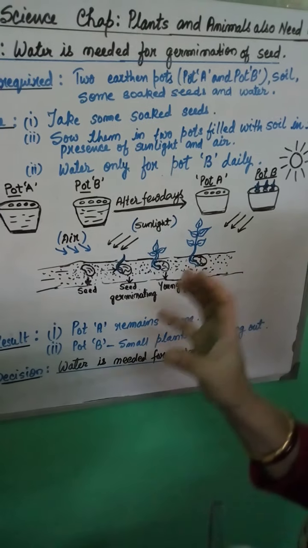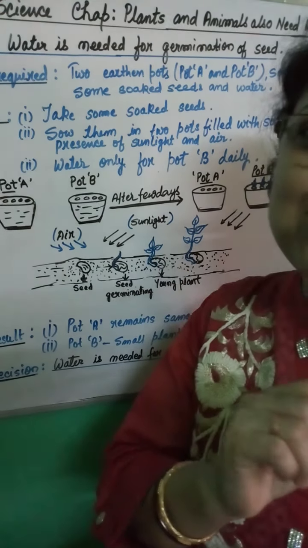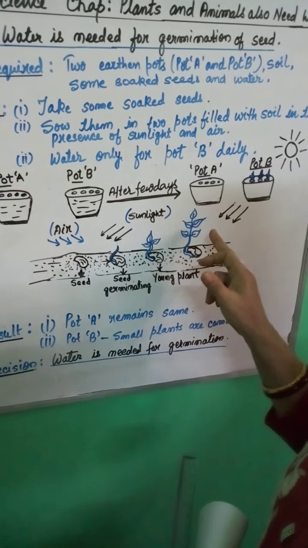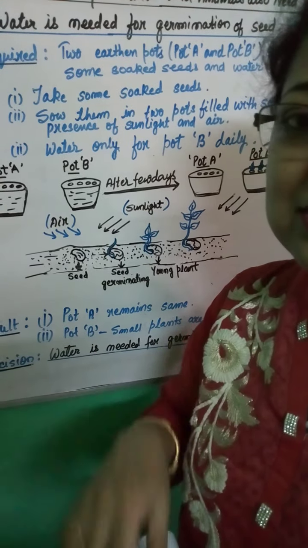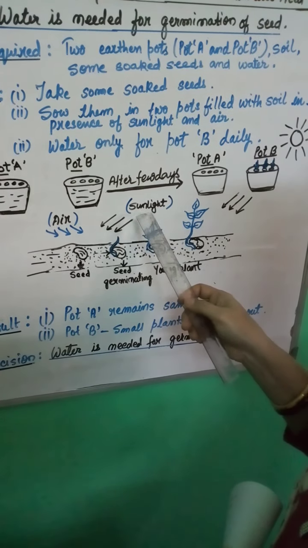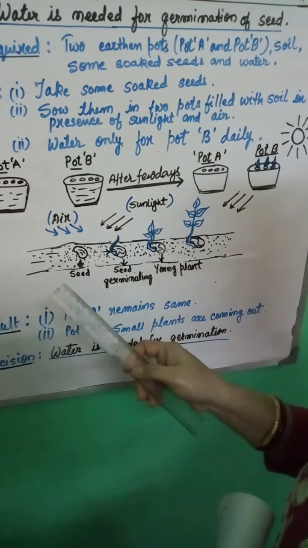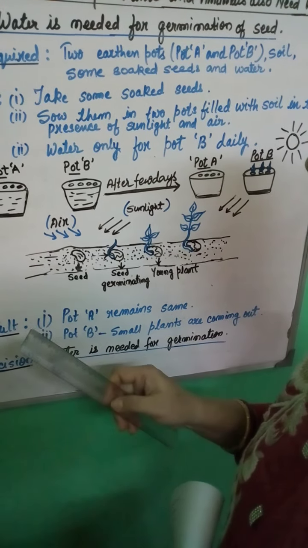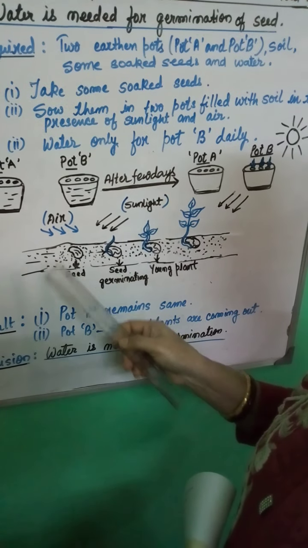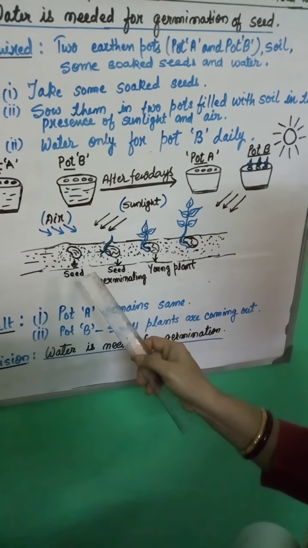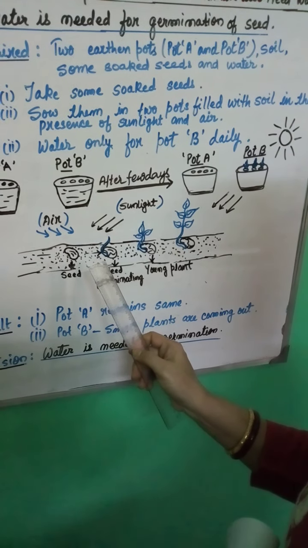Now we should know about the germination of seed. So see, these are the stages of germination of seed. You can see, in the presence of air and sunlight, the seed gets water from the soil. Okay, this is the seed, it gets water from the soil, and then it starts growing.